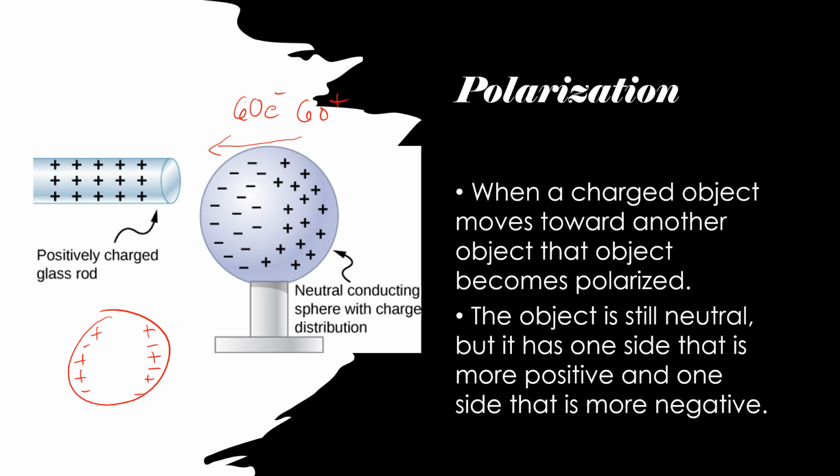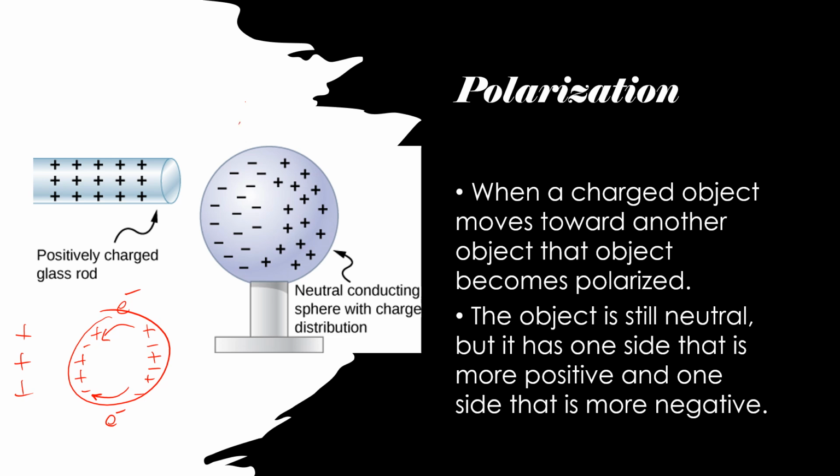Okay, but as you brought that positive charge close, electrons from this side started to make their way over. That left the left side with more electrons than protons, so it is slightly more negative. The other side is more positive. This is the process of polarization.